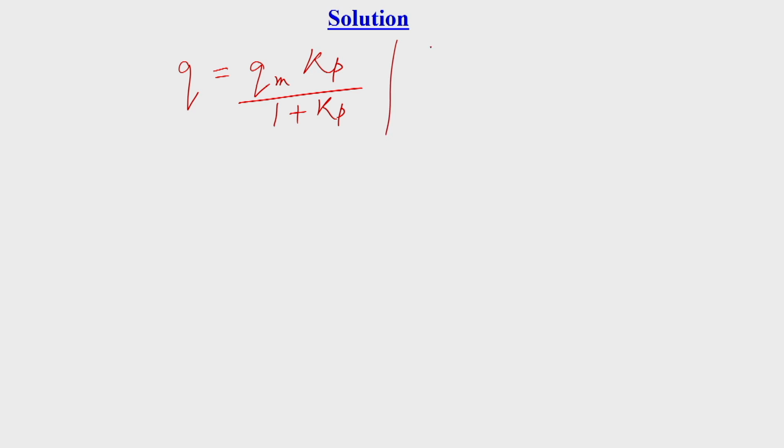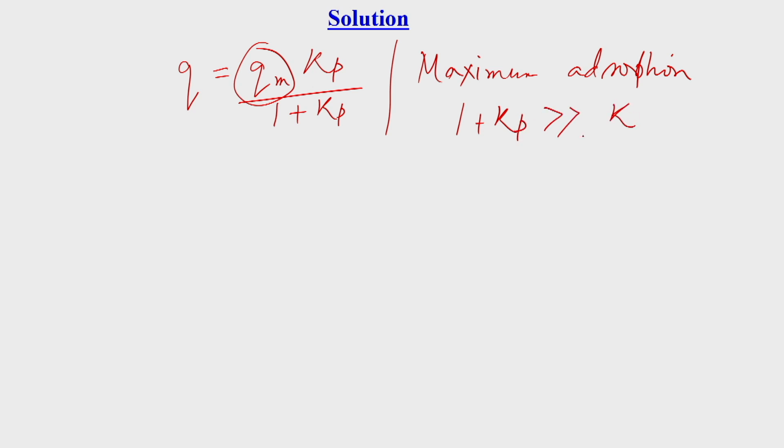But at the same time, if we want more solute to be adsorbed, then if we want to make Q equal to Qm, then what will happen, this Kp and 1 by Kp, that part should be, for maximum adsorption to happen, 1 plus Kp much greater than 1, so 1 plus Kp will be almost equal to Kp, or we can say Kp will be very high.